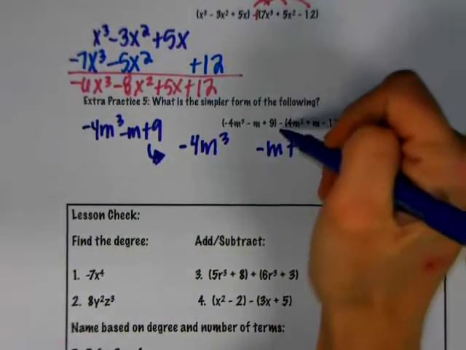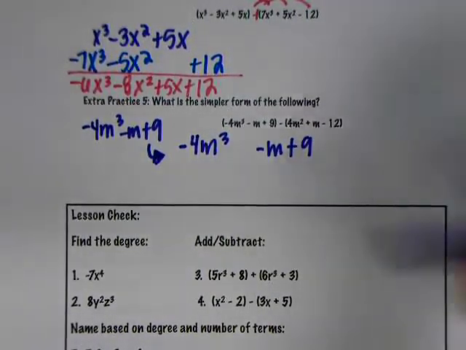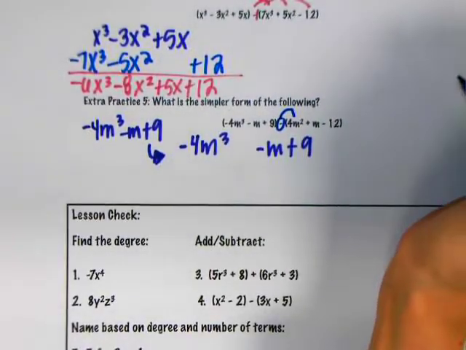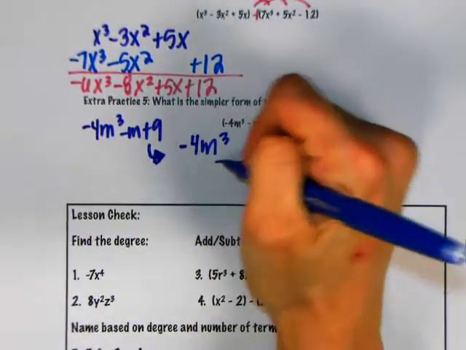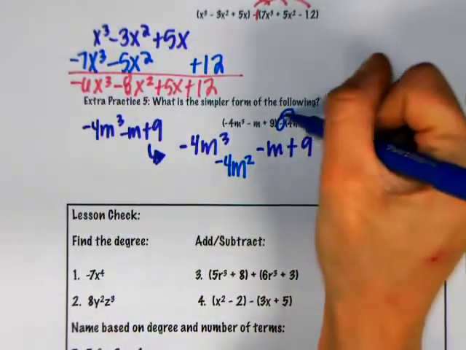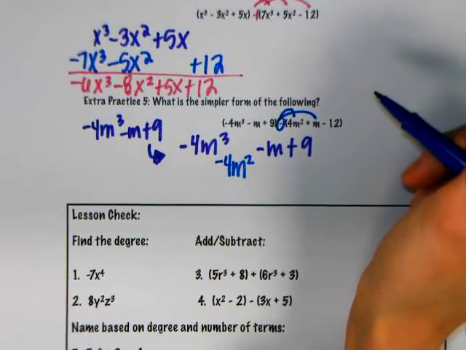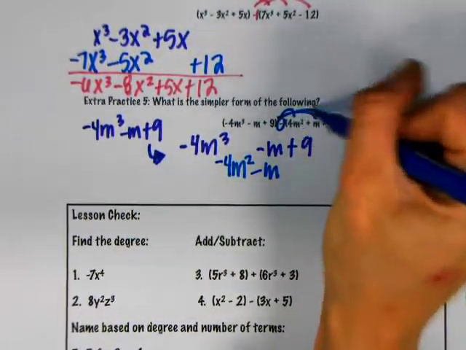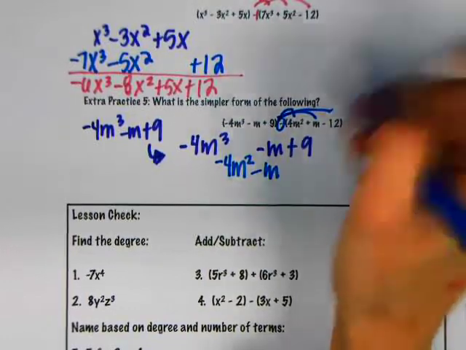Okay, so now take this negative and distribute this to everything. So it's negative times 4m squared. Yep, negative 4m squared. Negative times m. Negative m. Negative times negative 12. Yep, positive 12.